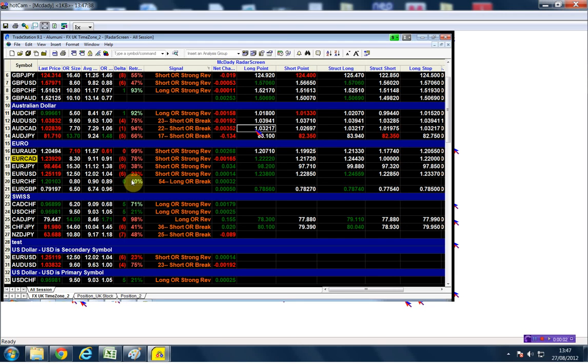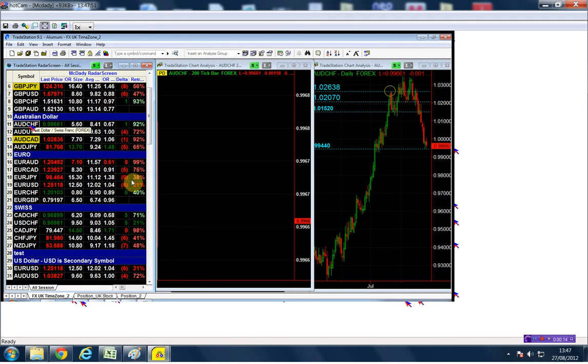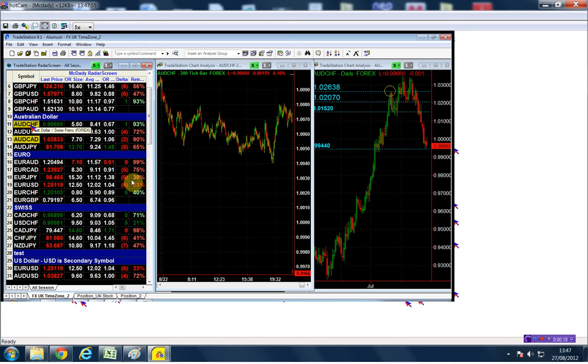This is the Aussie Swiss, simply because the Swiss is pretty much moving in the same line with the euro.